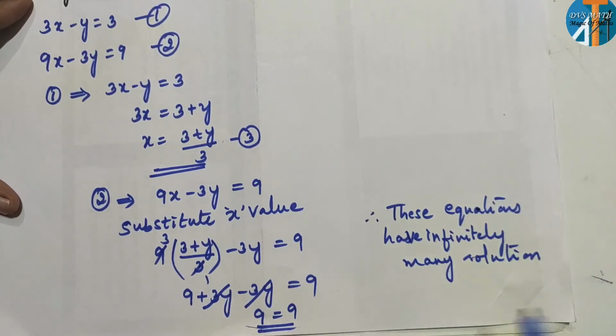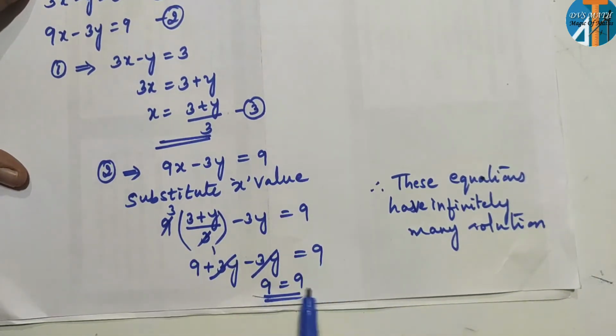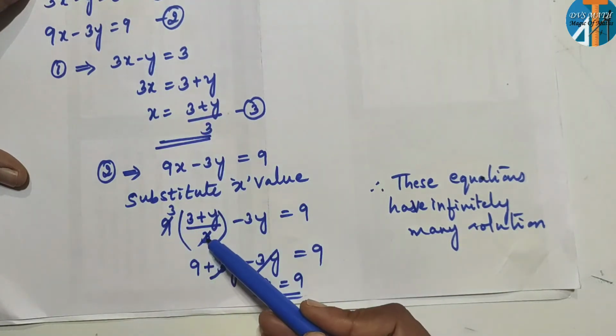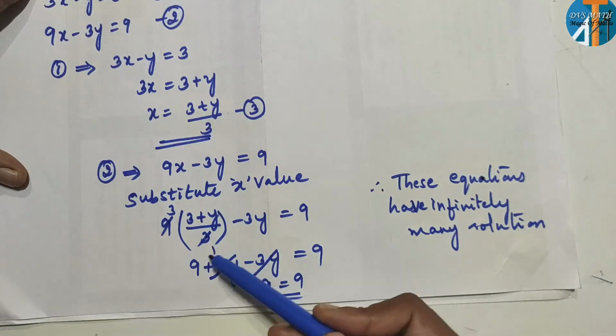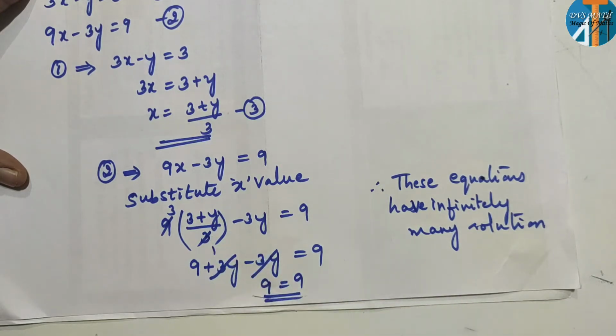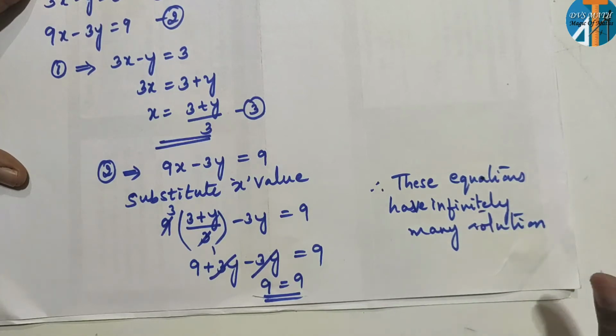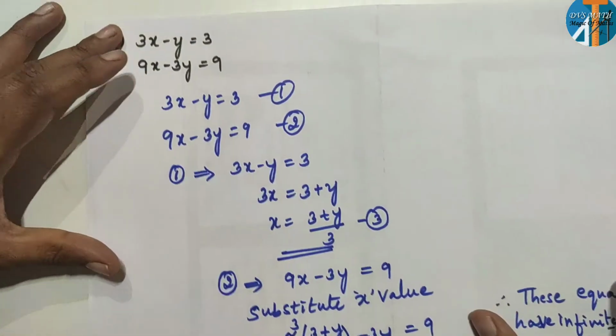It has many solutions. You are converting in terms of x and substituting in the place of x here, and the y itself is vanishing. You are not getting any value of y here. Only the numbers are left. So in this case, just write these equations have infinitely many solutions. So this is the solution for sub question 3.